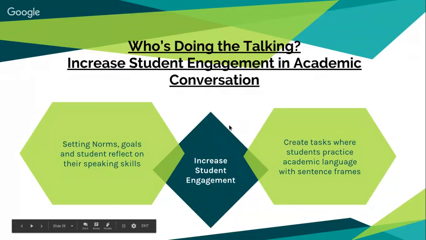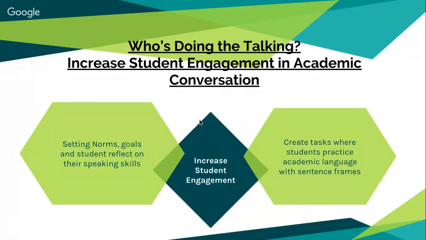If you want to increase student engagement, it has to go hand in hand. I believe that the best thing I did this year was setting norms with my students. But that needs to go hand in hand with creating tasks where students practice academic language with sentence frames. And that's a whole other component and a whole other area that has so much information.